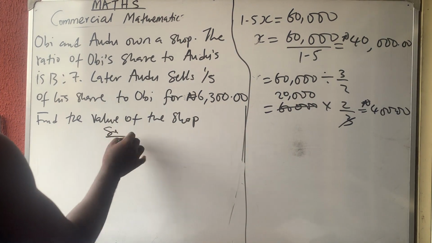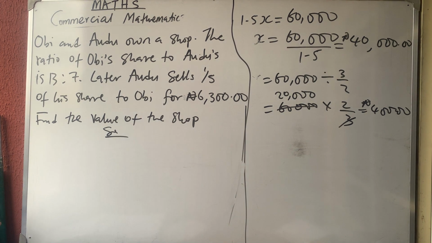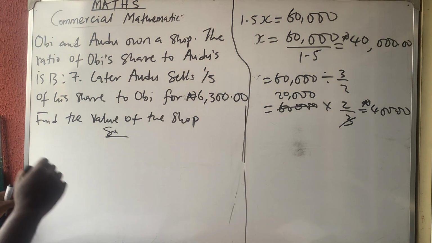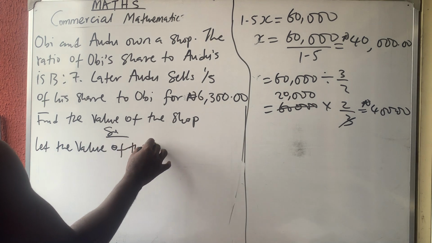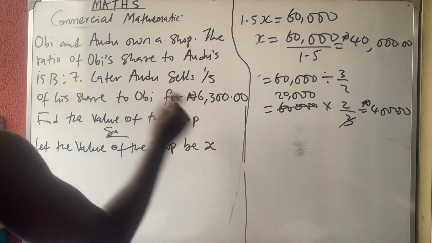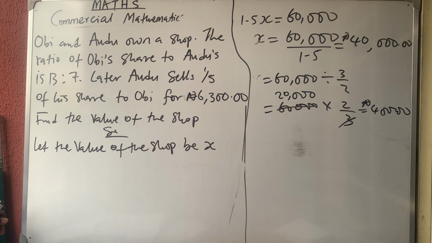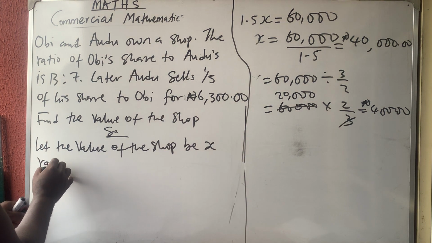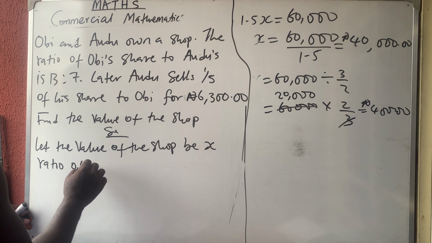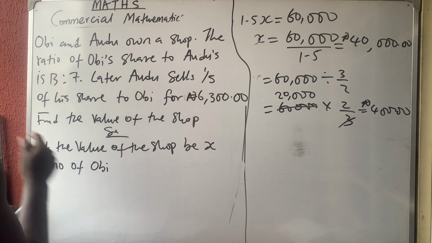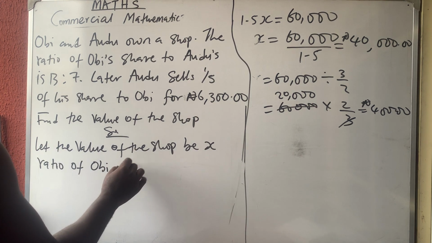All right. Solution. So let the value of the shop be x. If this is the value of the shop, so first of all, the ratio of Obi is equal to 13.